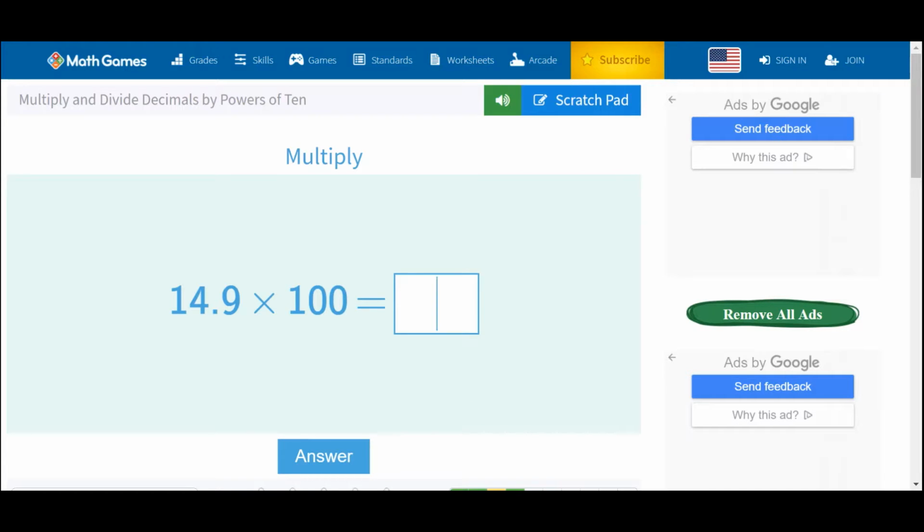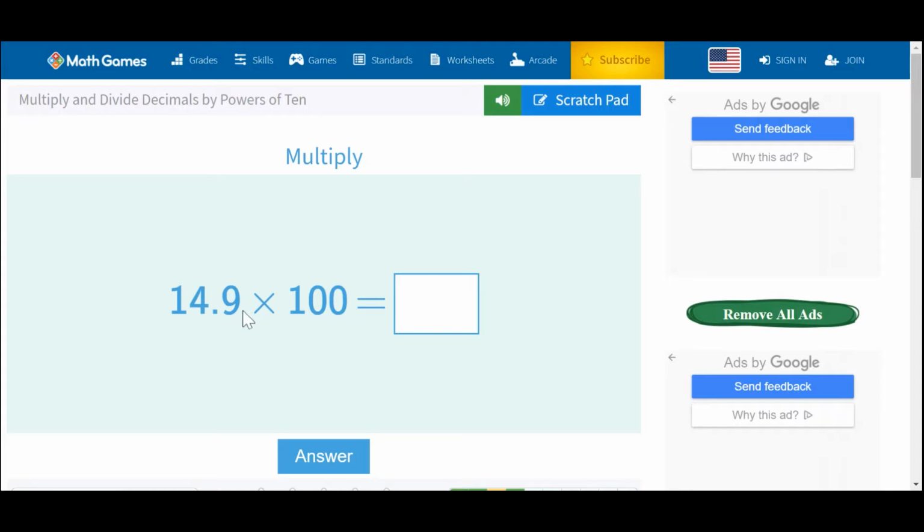Okay, so now we'll do this one last question. We did 2 dividing, and now we're going to be doing 2 multiplying. So over here, you're going to multiply as it says, and there are 2 zeros in 100. So you're going to move the decimal point twice to the right, okay? So move it once here and then once here.